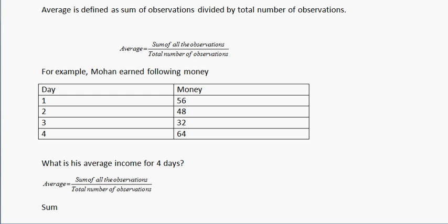Sum of all the observations is 56 plus 48 plus 32 plus 64, which is equal to 200.